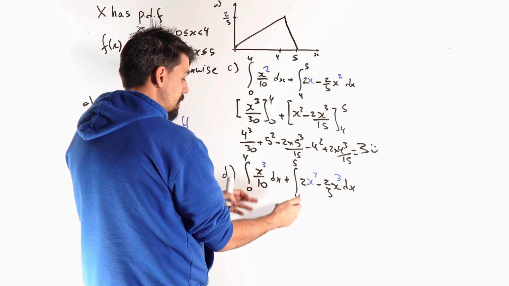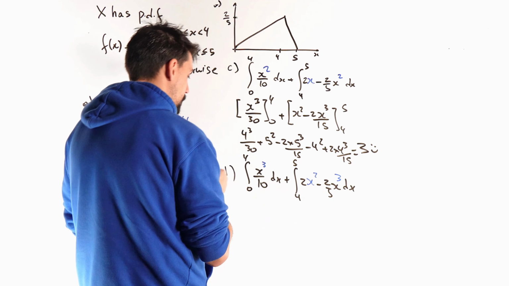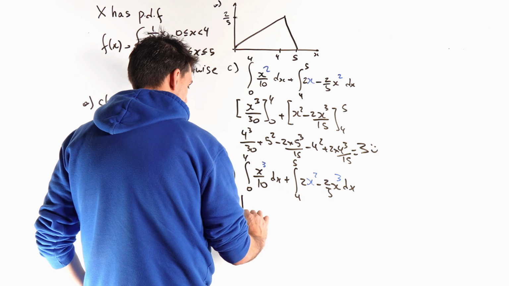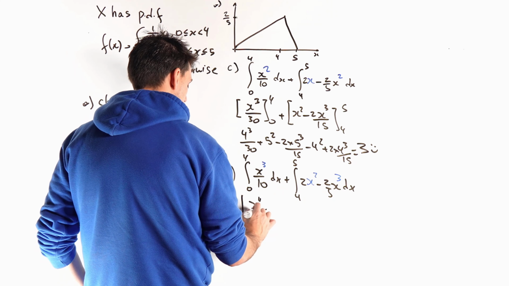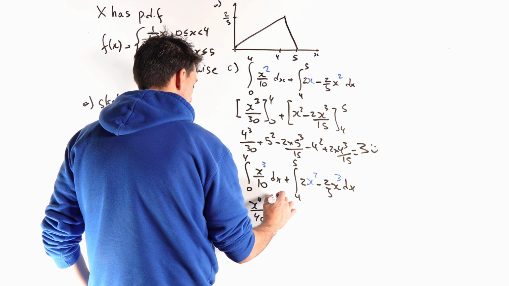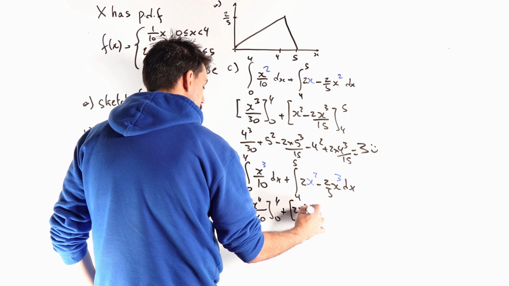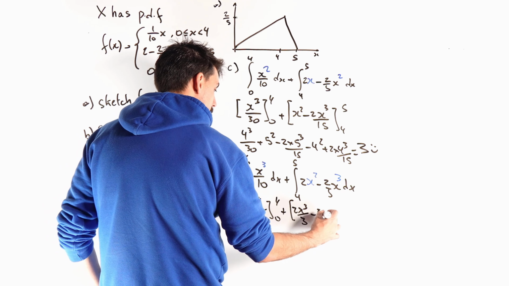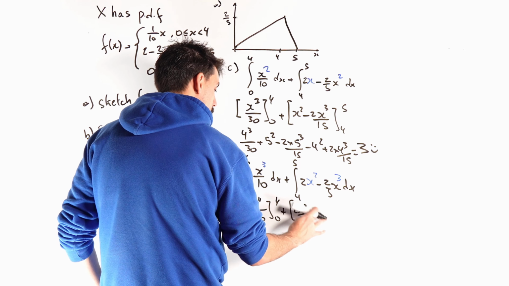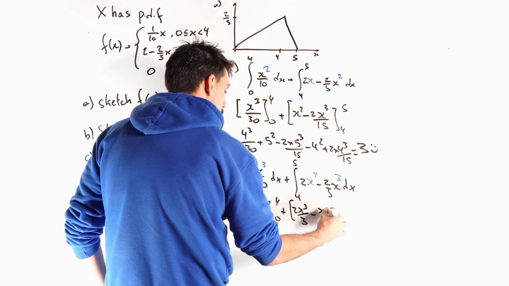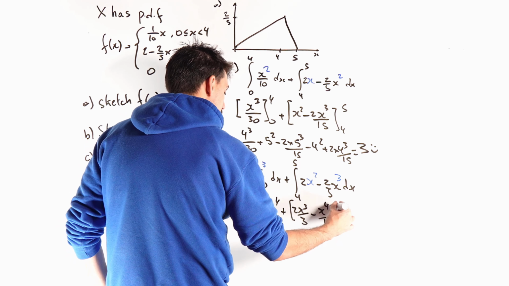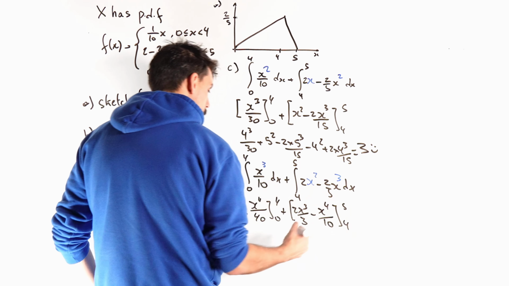Again, we can't mush these together because of different limits. So this becomes x to the 4 over 40 between 0 and 4 plus 2x cubed over 3 minus x to the 4 over 10 between 4 and 5.